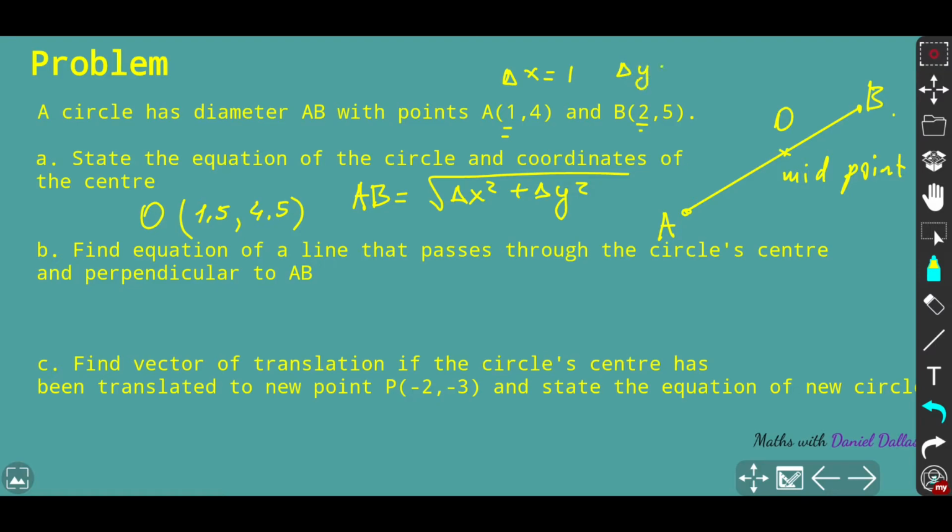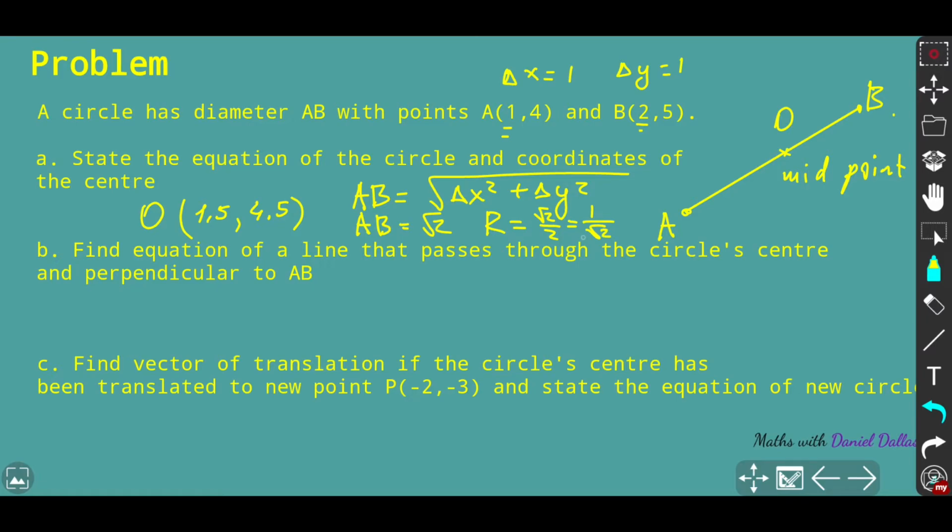That means distance AB is equal to square root of 2. Because AB is the diameter, we take half of that: square root of 2 over 2. But we can simplify. Remember, we can multiply both parts by square root of 2, and that means we arrive at 1 over square root of 2. That's going to be the radius.